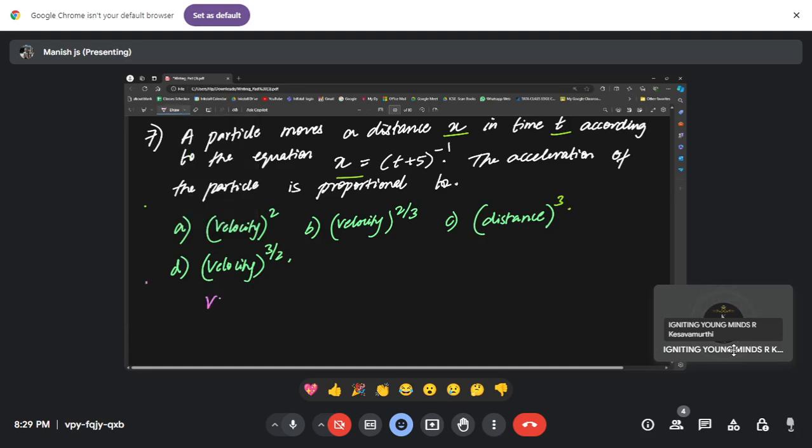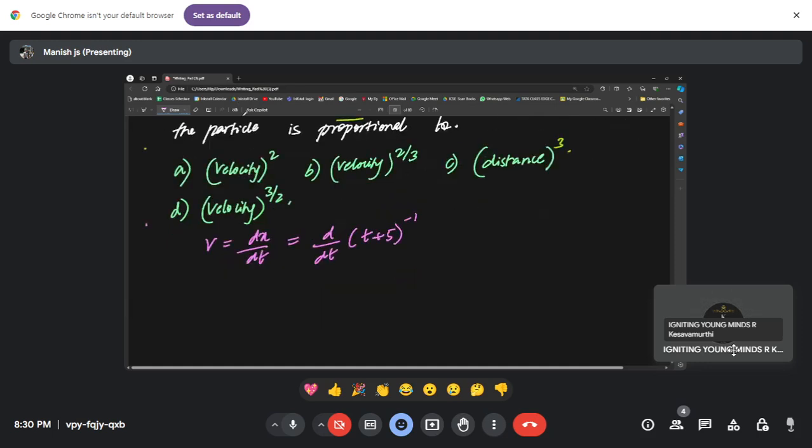So here, you know that velocity v is equal to the rate of change of displacement, which is dx upon dt. So I'm substituting the value. I will get d by dt times (t plus 5) whole to the power minus 1. Children, you differentiate this, you will be getting the value as minus (t plus 5) whole power minus 2.